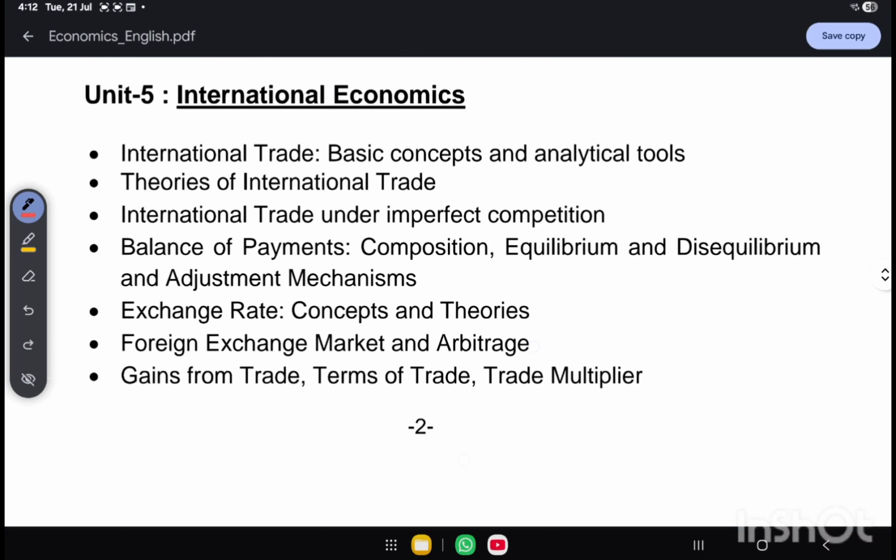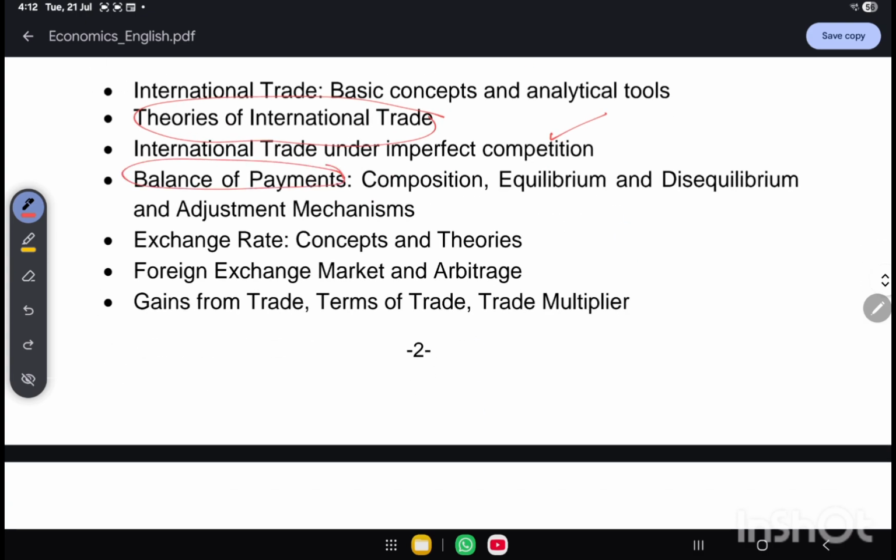And in the fifth unit, this is the most interesting part, international economics. You're going to learn the basic concepts of international economics, some basic key terminology, the theories related to international trade, international trade under imperfect competition, and the balance of payments (BOP), exchange rate, foreign exchange market (the forex market), gains from trade, terms of trade, and trade multiplier.